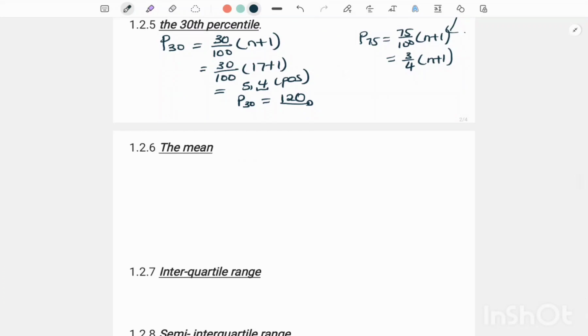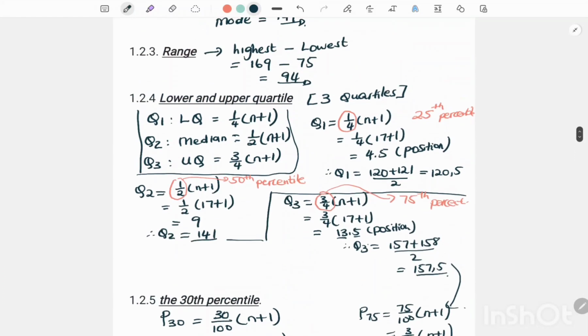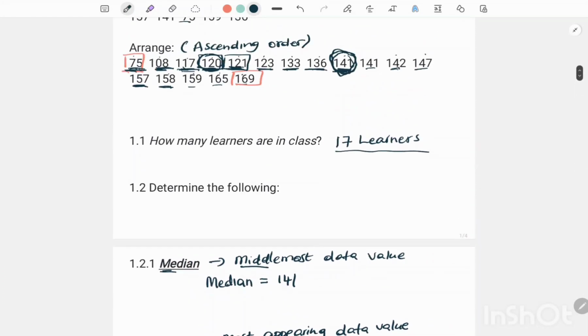Now let's find the mean. The mean of the data set, ladies and gentlemen, the formula is the mean is equal to the sum of data values over the total number. So we are going to add the numbers, then divide by the total number. So let's start adding: 75 plus 108 plus 117 plus 120 plus 121. I hope you are also adding together with me.